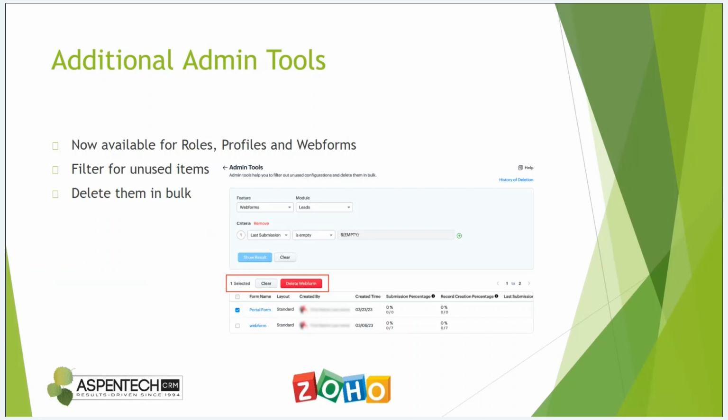And then it gives you certain things like statistics about utilization and that sort of thing. And then you can, in bulk, delete any number of these from one to any selected number that you choose from. So it makes it really easy to clean up old unused items within the CRM.